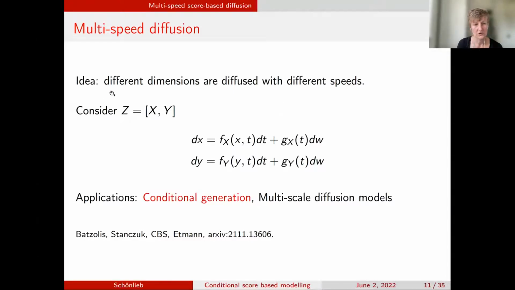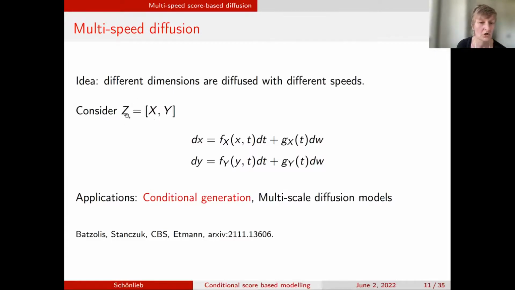How we set this up is with this idea of multi-speed diffusion. Imagine the following, okay? Imagine that the random variable you want to model over time consists of 2 parts.